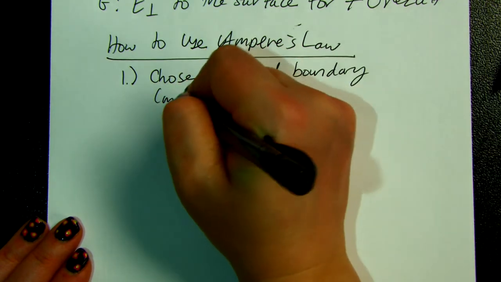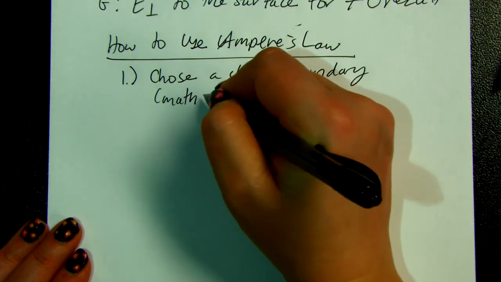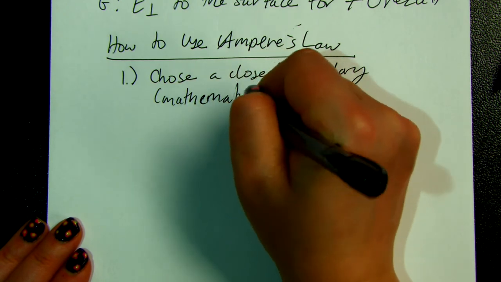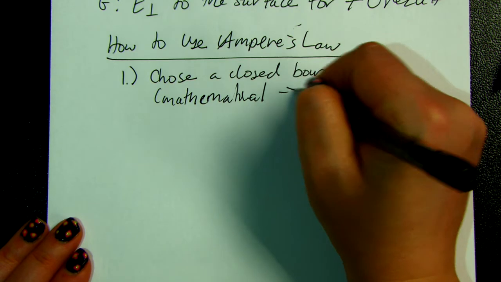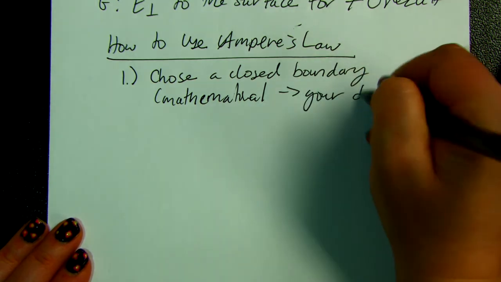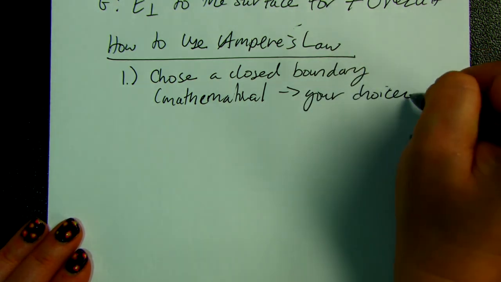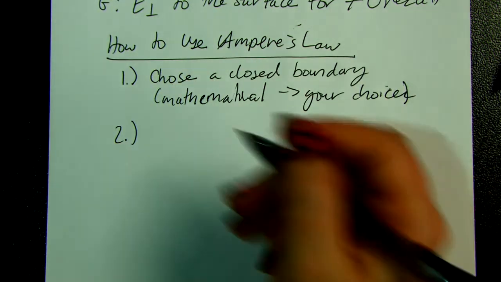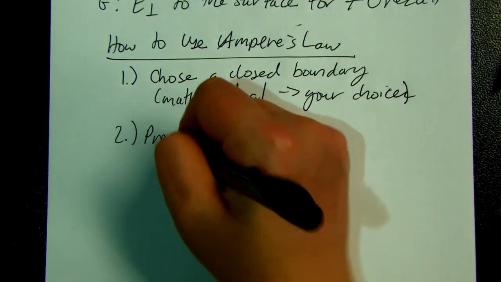It's mathematical, and your choice. Make it easy. Okay, 2, pretend the boundary has a film over it.